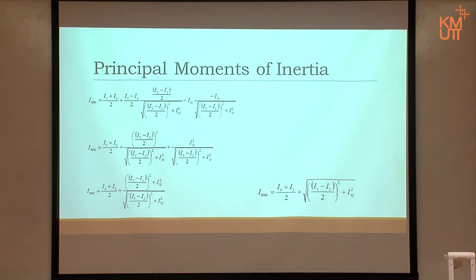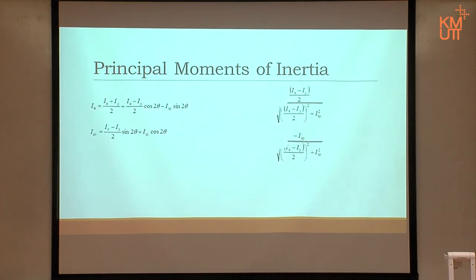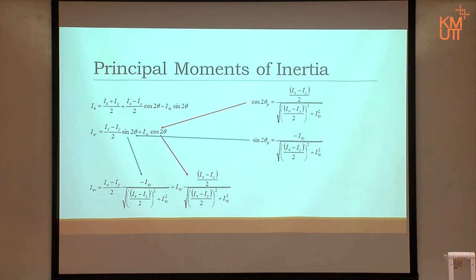Okay? And that they lock up as one equation for I max first. Okay? We want to find out, at the angle of I max, what is IUV? Okay? What is IUV? Then we just substitute it again. Right? The same theta, haven't changed yet. Right there. Again, supply the arrow.